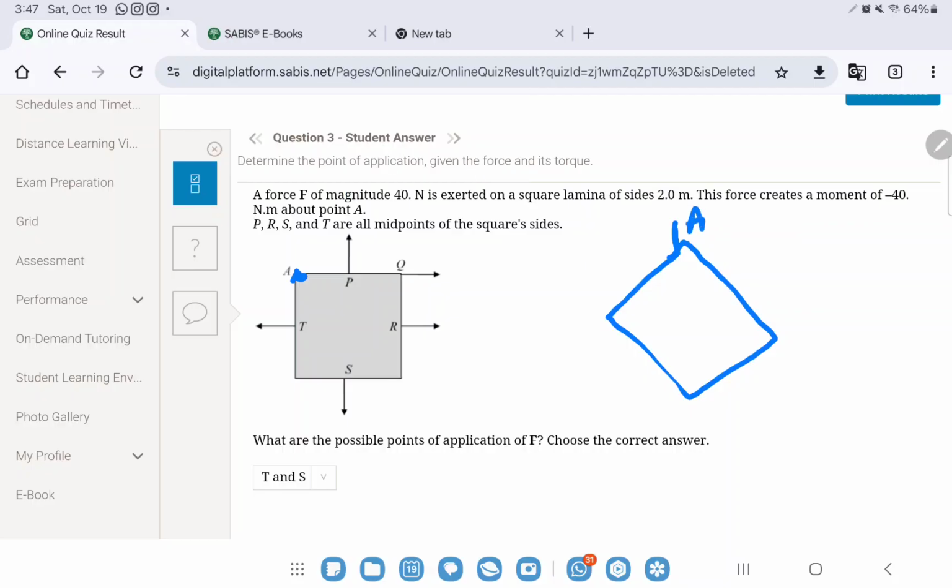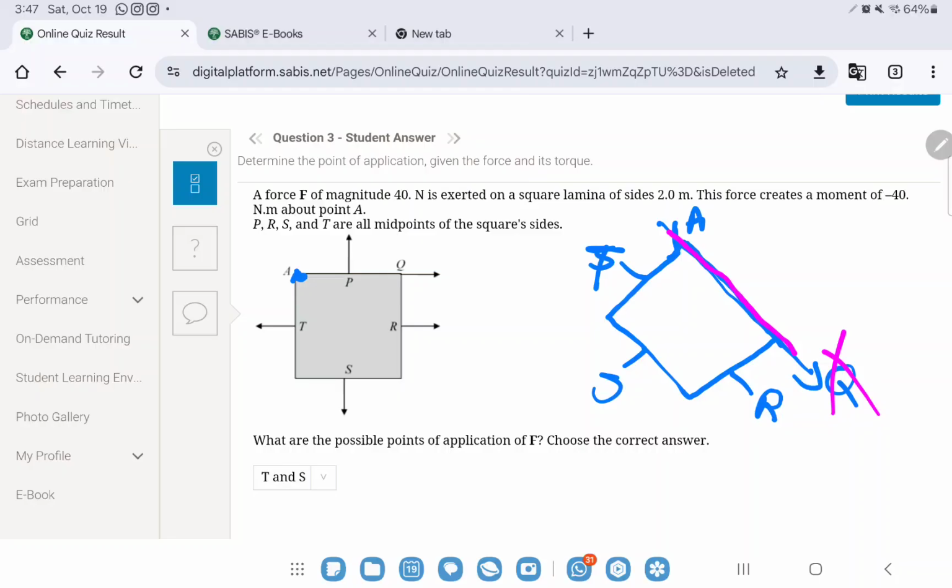So this is point A. Then this is Q. Then you have R, S, T. So we know that immediately we cancel out Q because it is running through A. So Q is a big no.